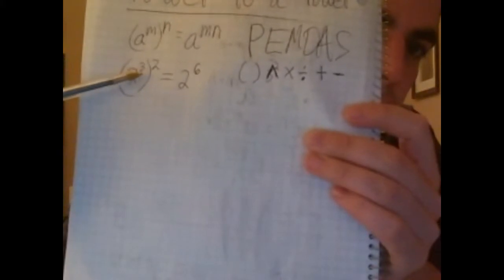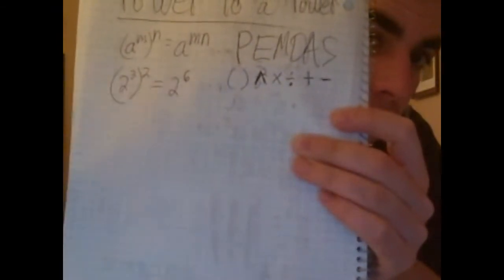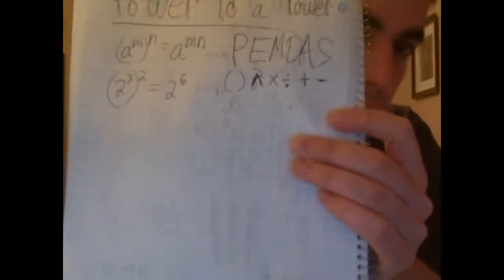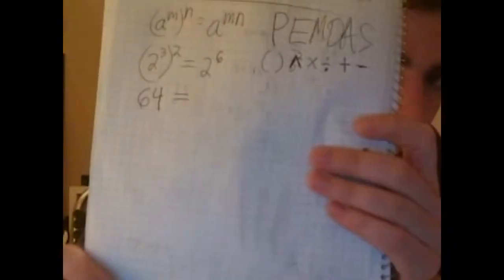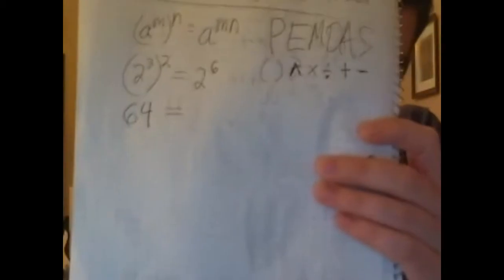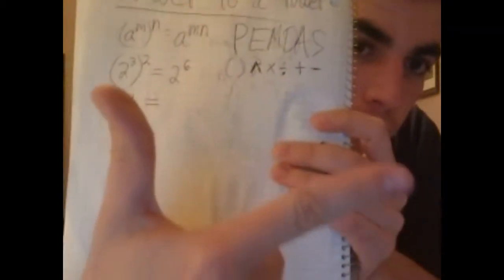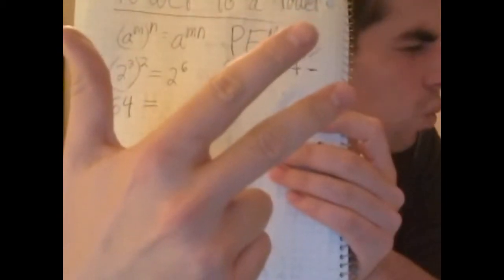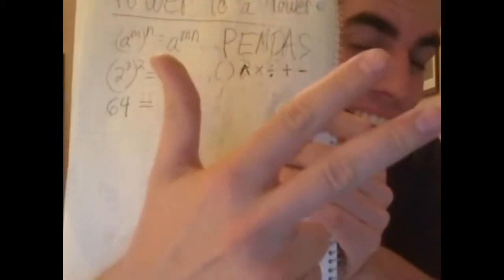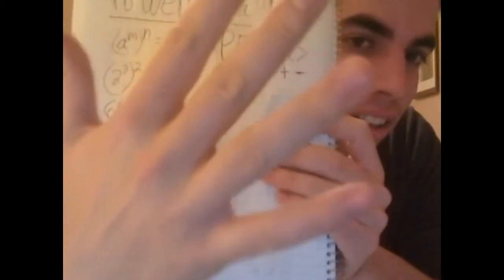2 to the third is 8, and then I'm going to square 8. So 2 to the third is 8. 8 squared is 64. 2 to the sixth, on the other hand, either put it into a calculator or go like this. 2, 4, 8, 16, 32, 64.